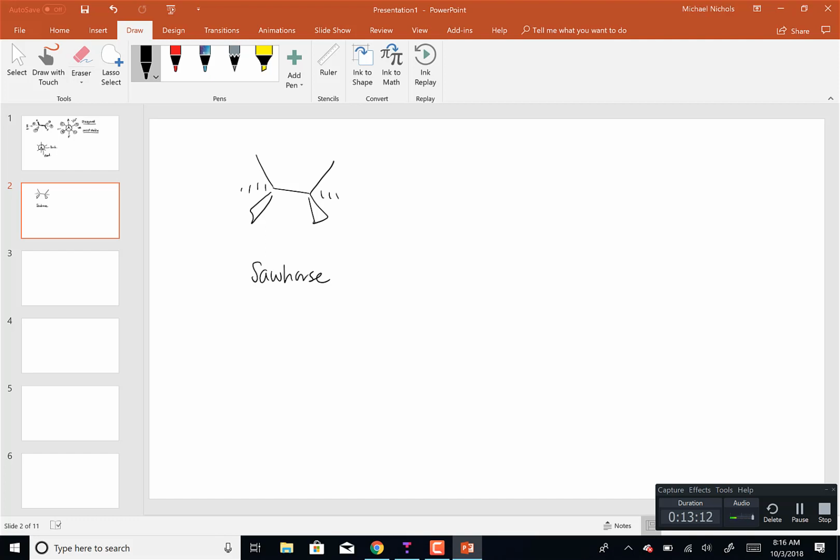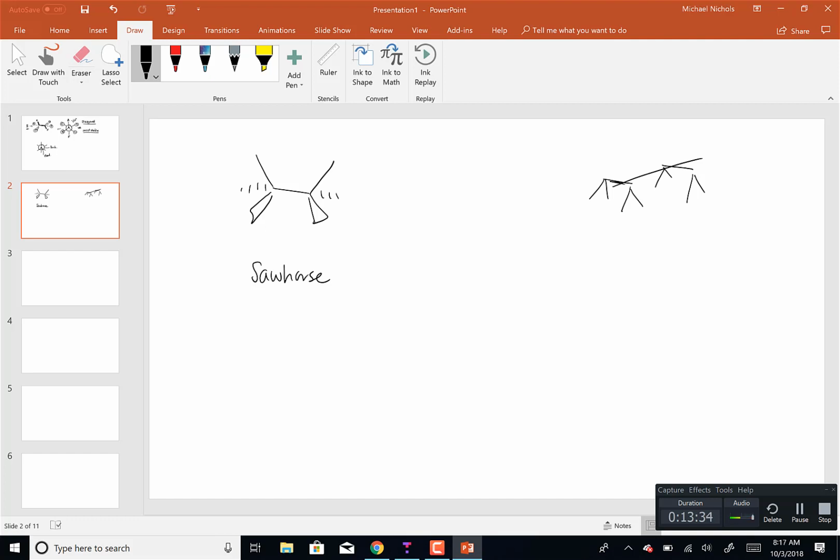A sawhorse is when you're cutting a piece of wood, you have these things called sawhorses that basically you have two of them and you place your piece of wood on them. Those are sawhorses. So this is called a sawhorse projection or a sawhorse structure.